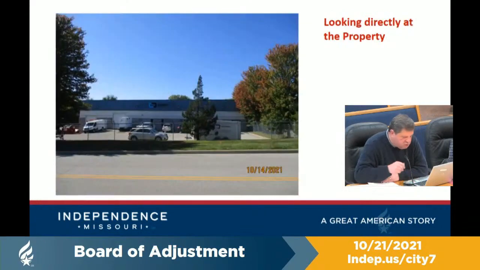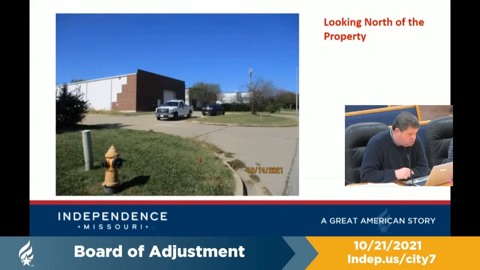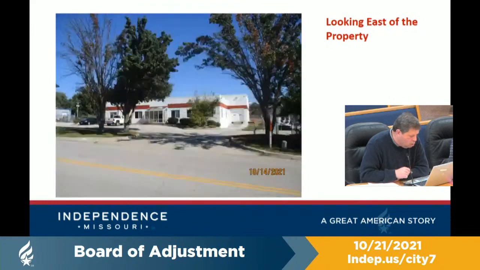So this is looking directly at the property. You can see the existing fence there. And this is looking north up Washington back toward I-70. And then this is the neighbor immediately to the north. And this is the neighbor immediately to the northeast, I guess.